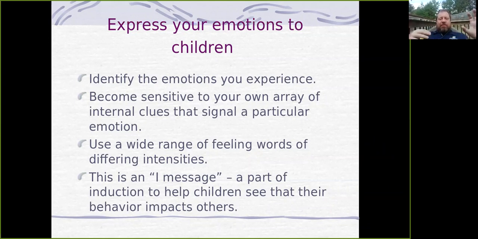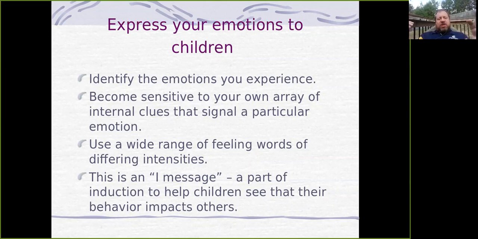We identify the emotion that we experience that's directly tied to what the child is doing or saying. This is what's called an I message. It's a brief statement. It's not a big long soliloquy. It's using an emotion word like I'm concerned, or I'm worried, or I'm excited, or I'm happy, or I'm upset, or I don't think that's fair.